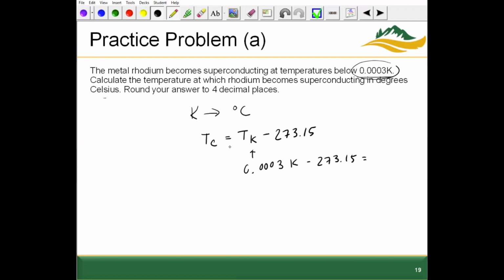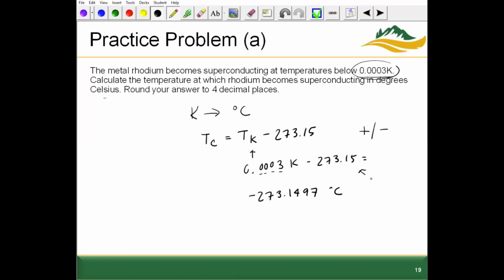So for that, we should get negative 273.1497 degrees Celsius. Now, in deciding on sig figs here, technically we're doing a subtraction. So for addition or subtraction, to know the number of sig figs we can have in our final answer, we look at the number of digits past the decimal place. Here we have 1, 2, 3, 4.